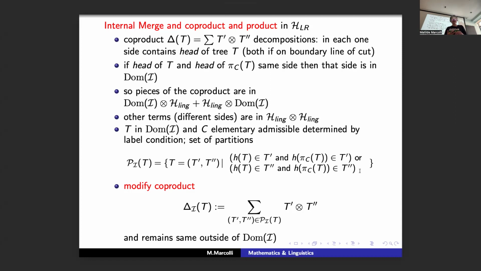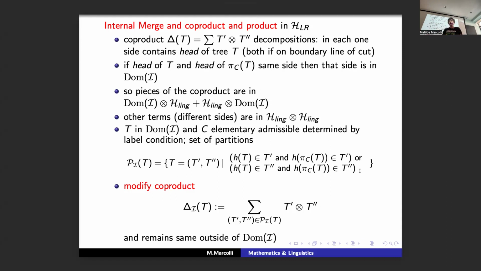And the one thing that's important here is that the information about the head function is built into the labeling of the trees. Because the applicability of the operation that you want depends on the head function, because you're checking labels at the head of the old tree and at the head of the substructure that you want to move. So you have to have these heads available for this matching.